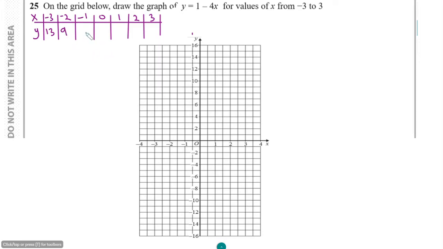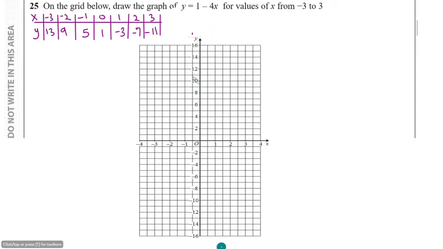For the next one, you're going to have 5. The next, you're going to have 1. If you substitute in this equation for x, here you're going to have -3, then -7, and here you're going to have -11. So these are the corresponding values for y gotten from the equation.